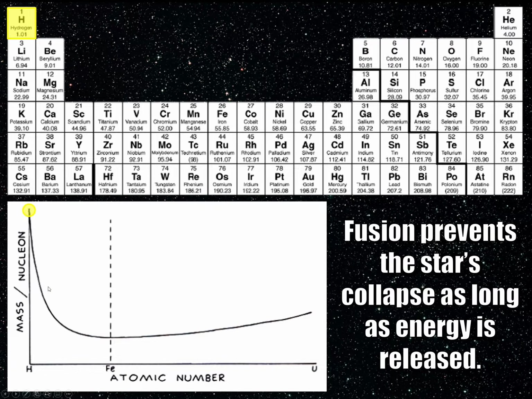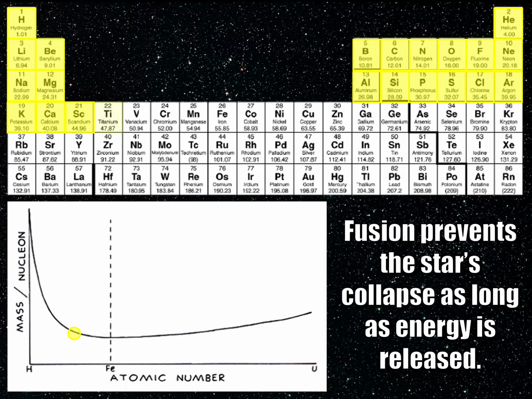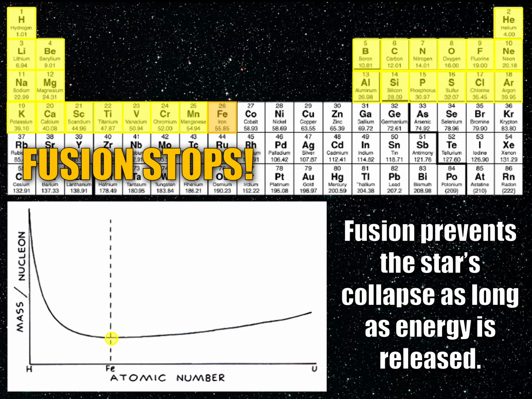As long as we're down here below iron, fusion can release energy. And so as we start to build heavier and heavier elements within these most massive stars, energy is coming out, we're fusing together, getting bigger and bigger and bigger. But eventually we hit the bottom of this curve and fusion stops. Because if we continue to fuse, mass will actually be created, and so energy will be absorbed.